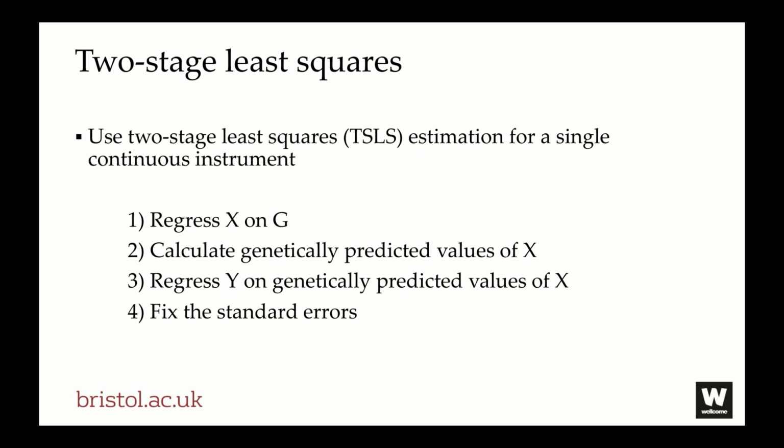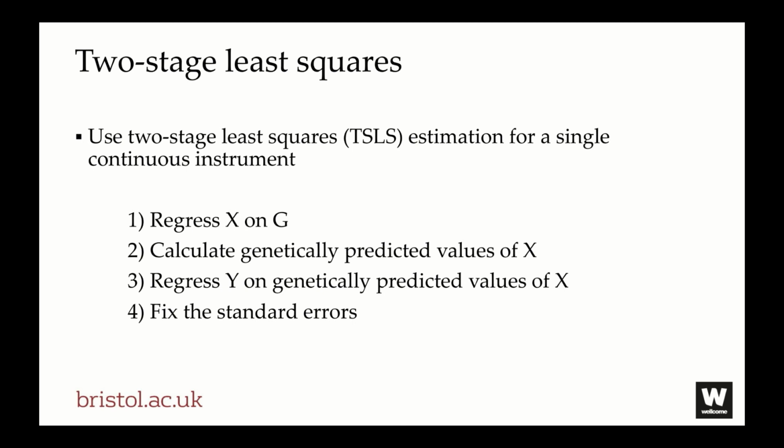Similar to this, and this now requires individual level data, is something called a two-stage least squares approach. It's essentially the same thing in terms of generating an estimate that reflects the per unit effect of your outcome per unit increase in your exposure. What you do is regress your exposure on your genetic variant.